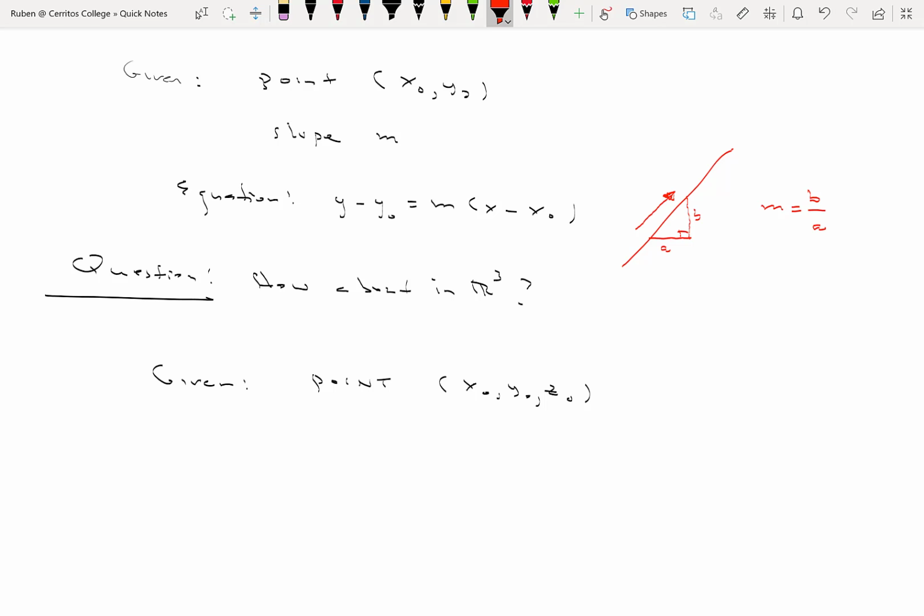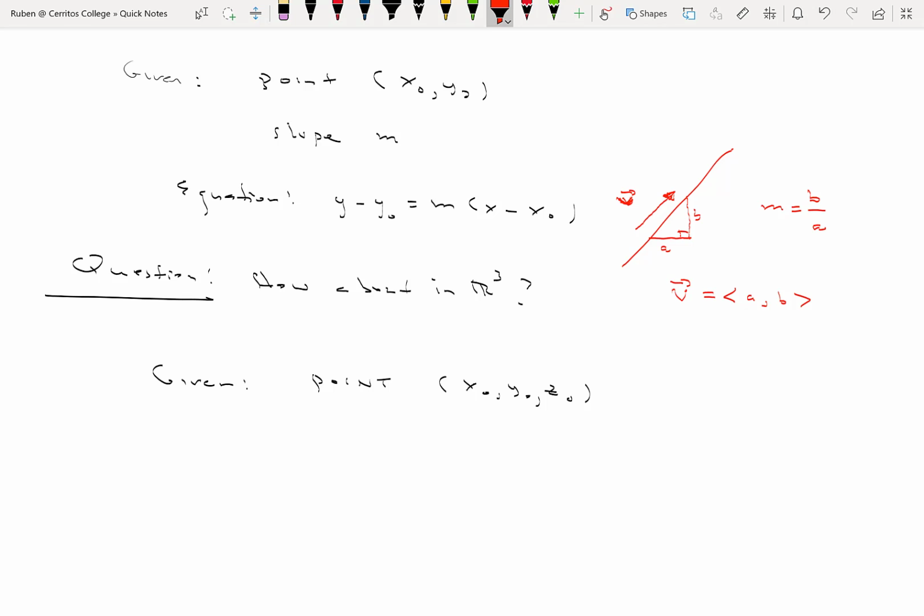We could identify that vector as, say, v, and the vector v is defined in Calc 3 as a direction vector. So instead of the slope, we could give the direction vector in terms of its components, a and b. Now that's how we're going to do this in R3.